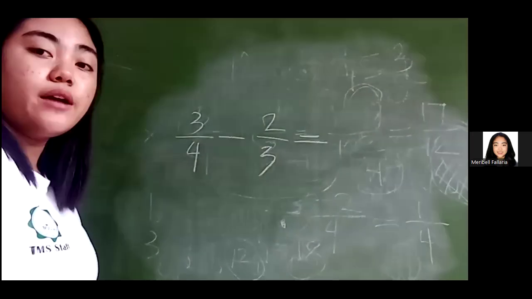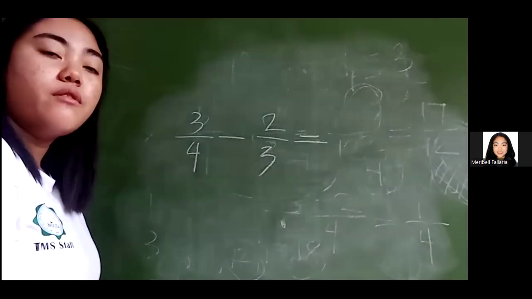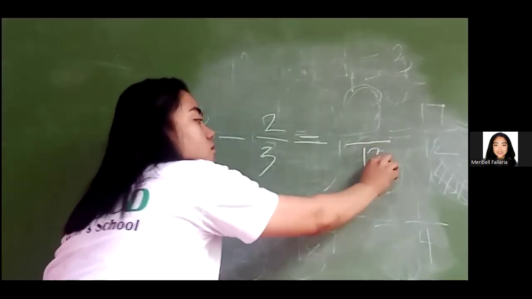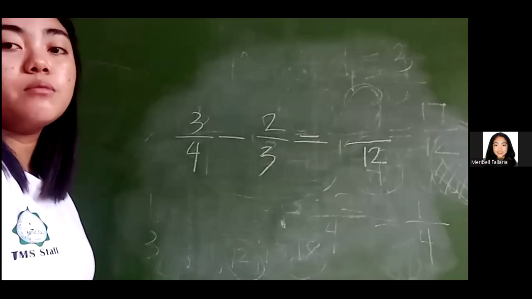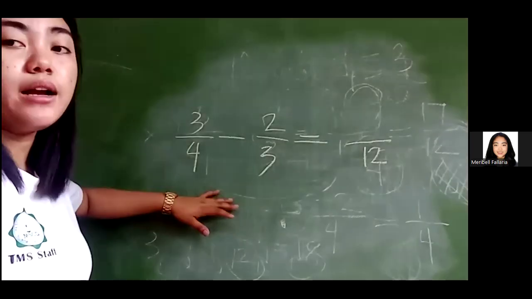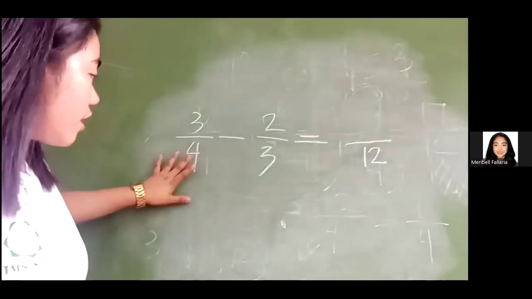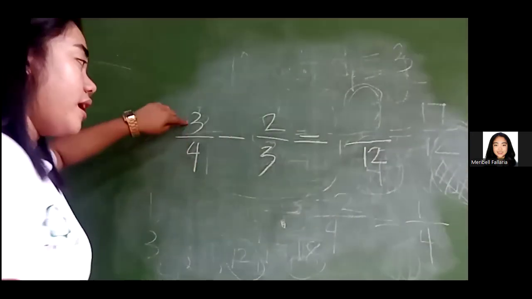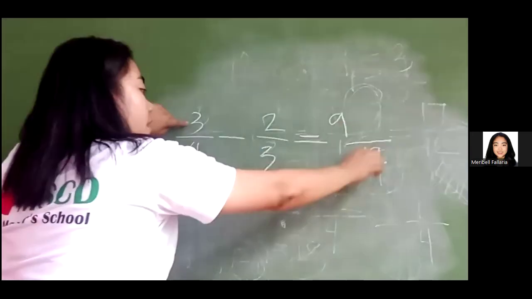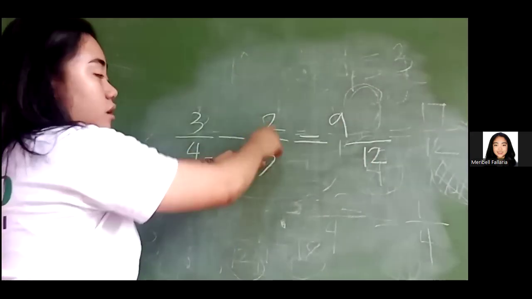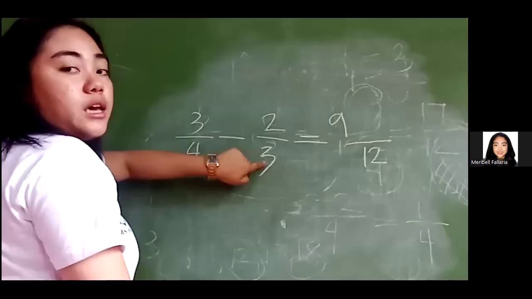So kanina, we found the multiples of 4 and 3, and the least common multiple is 12, right? 12, the least common multiple. When I say least, yung mababang magkapareho. And then, same process, 12 divided by 4 is 3, times 3 is 9. And then 12 divided by 3 is 4, times 2 is 8.